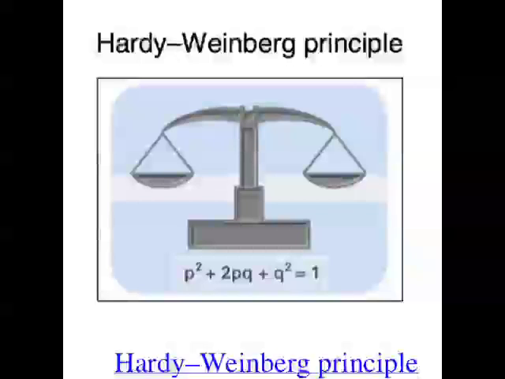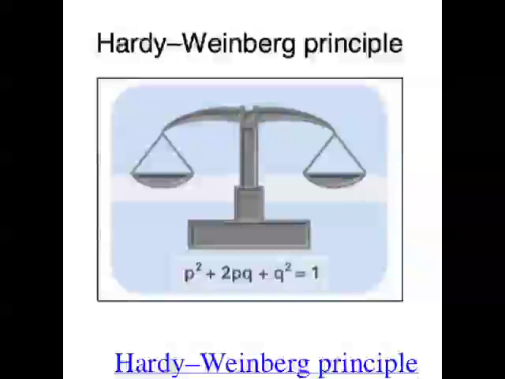So if we had a population of organisms and we looked at one particular gene and it had two alleles, big B and little b, and we happen to know the allele frequencies, and the allele frequency of the big B was half, so half of the alleles in the population were big B, then since P plus Q equals 1, if P was equal to half, then Q would be equal to half. So half the alleles in the population would be little b.